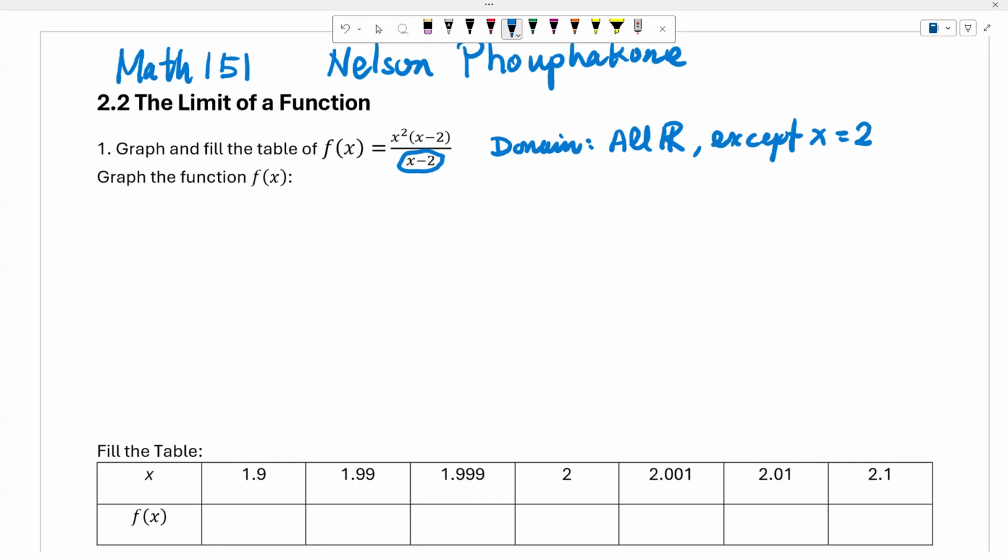Okay. Then one thing about this function f right here, you will see that the numerator and the denominator, they both contain x minus 2. So in this case, if we cancel it out, then what happened? You will have x squared left. So the graph of this function f right here, it will look like x squared.